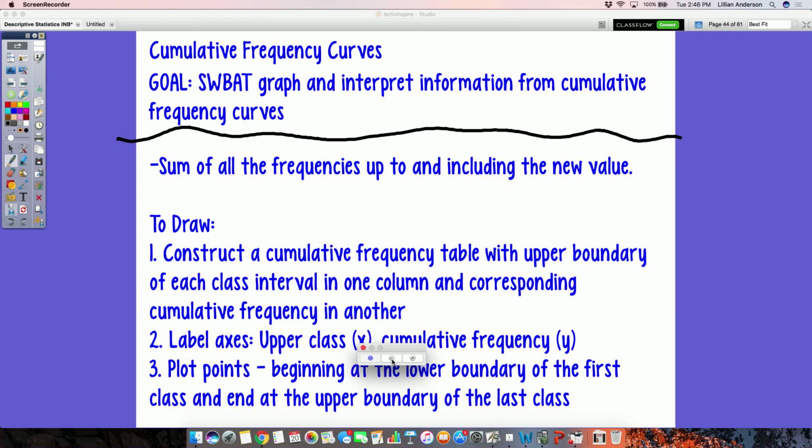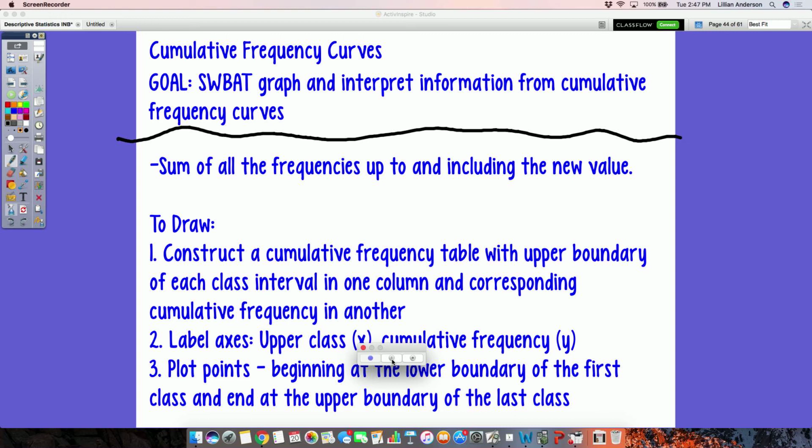To draw your cumulative frequency curve, you're going to need to take the table that's given to you, and construct a cumulative frequency table with upper boundaries of each class in one column, and then corresponding cumulative frequencies in another. Okay?